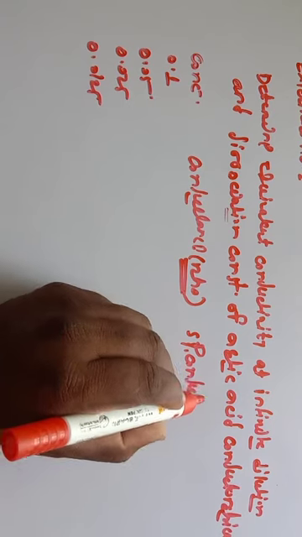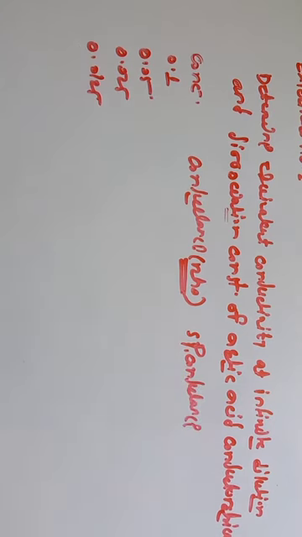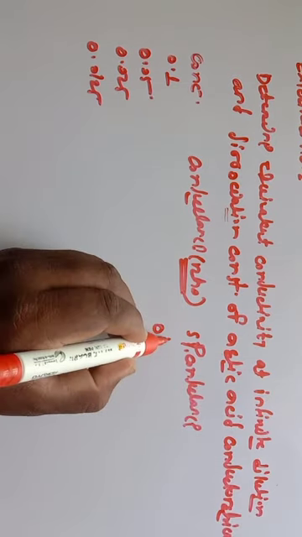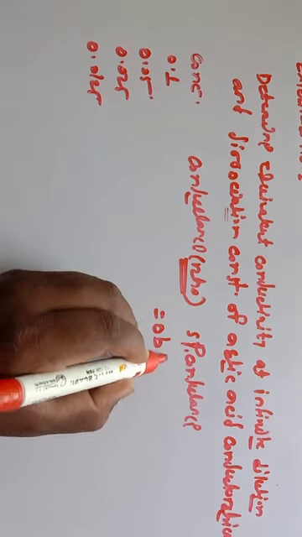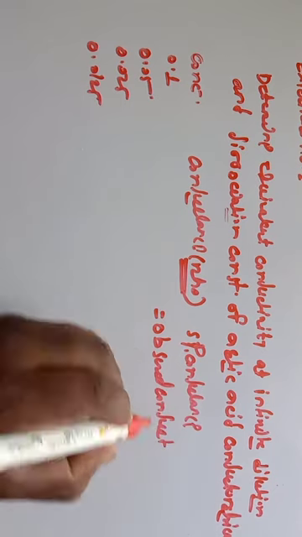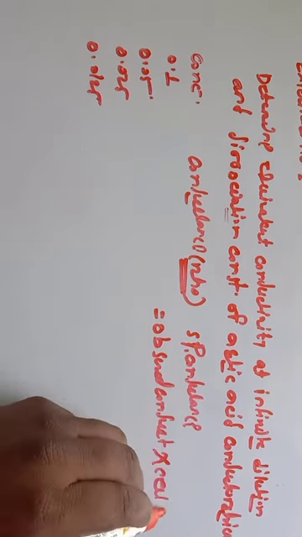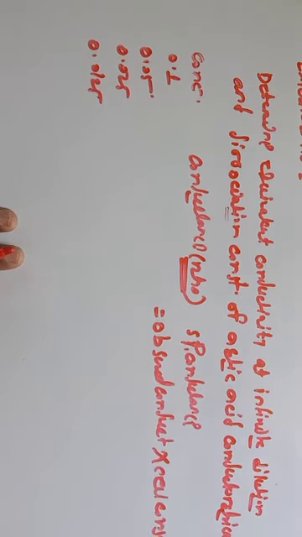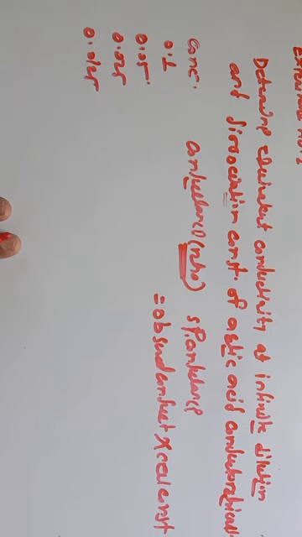How can one find out the specific conductance for this solution? It is very simple. You just multiply the observed conductance into the cell constant, and we get the specific conductance.